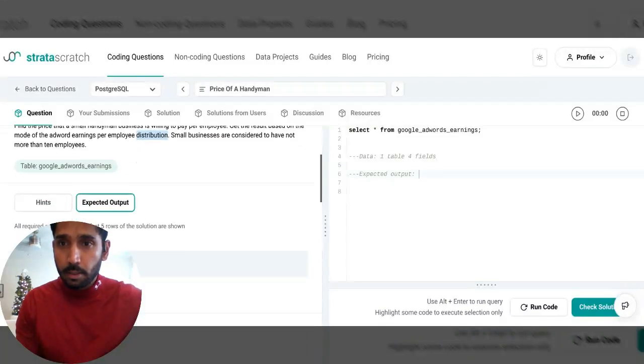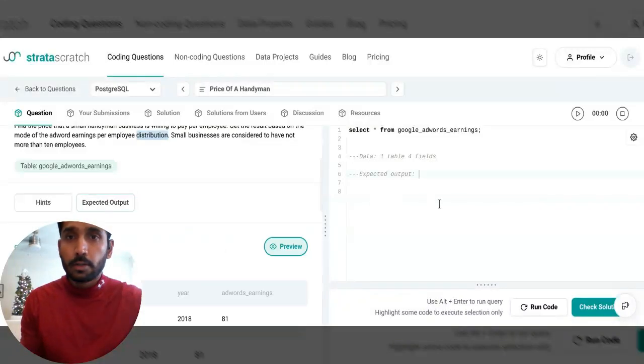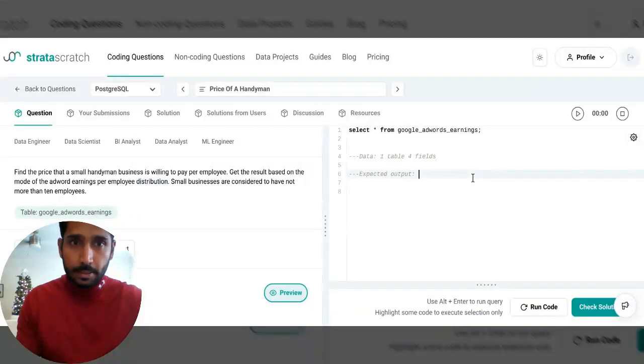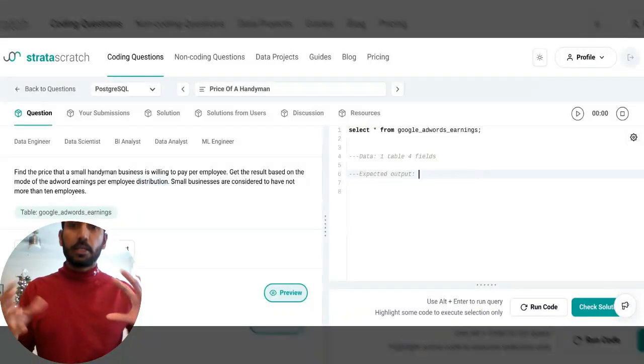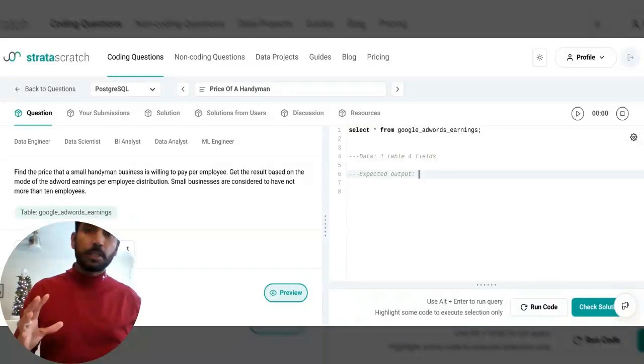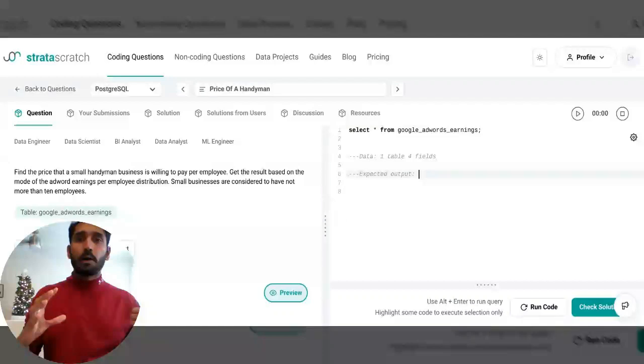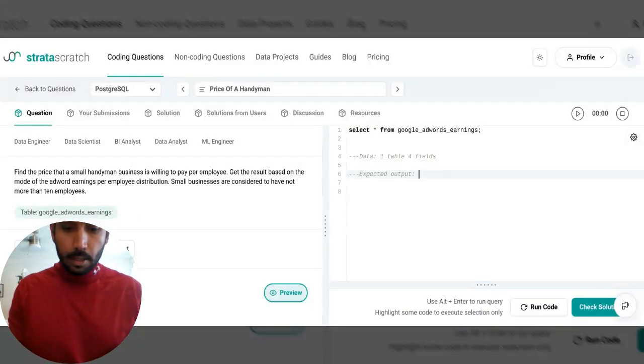So the expected output is a simple number, and we are going to return the mode. We need to get to a distribution, and within the distribution, understand what the mode is and then return the mode of that distribution. So expected output is mode of the distribution.